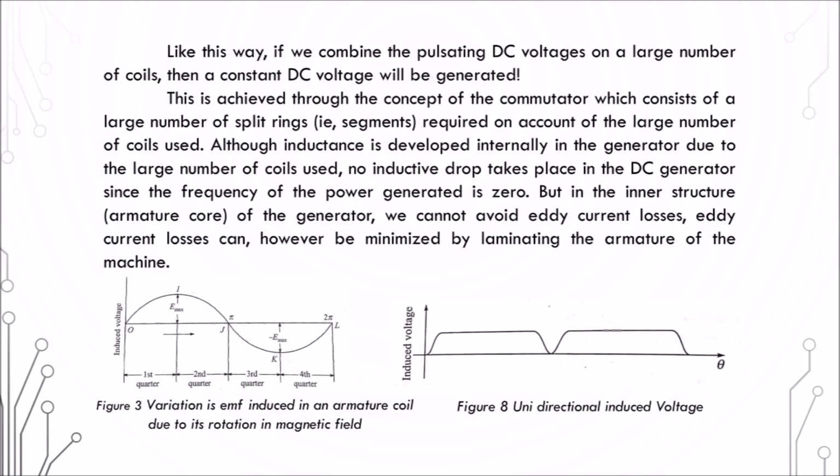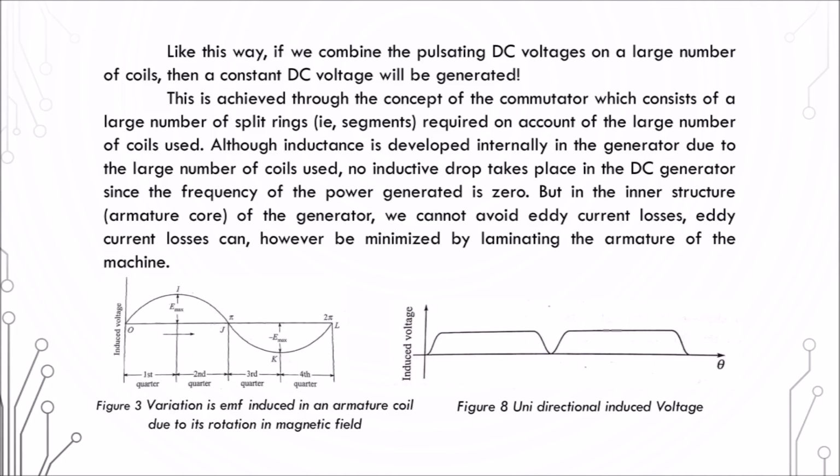In this way, if we combine the pulsating DC voltage of a large number of coils, then a constant DC voltage will be generated. This is achieved through the concept of commutator, which consists of a large number of split rings, that is segments, required on account of the large number of coils used.